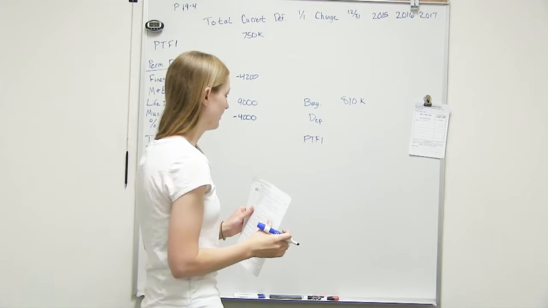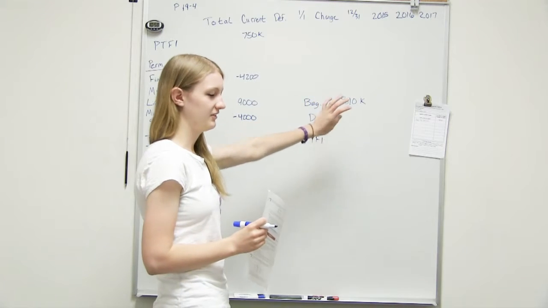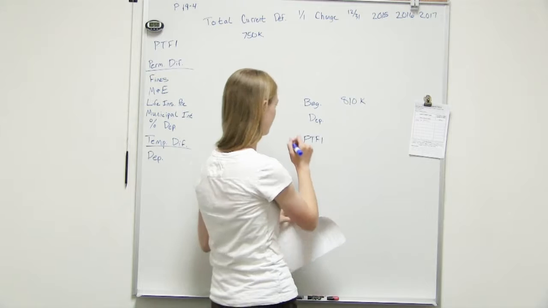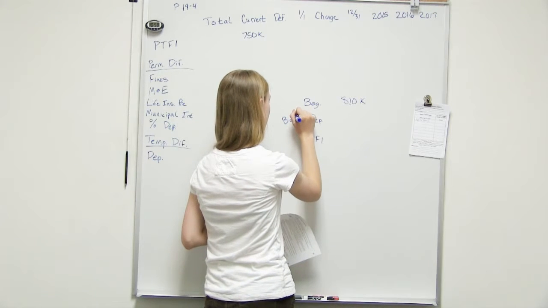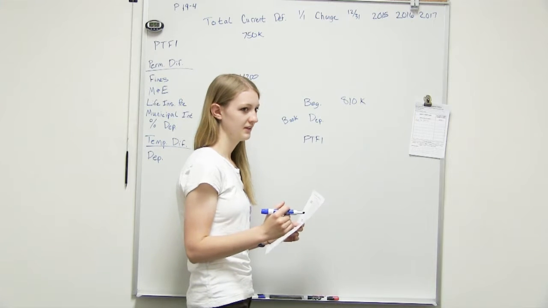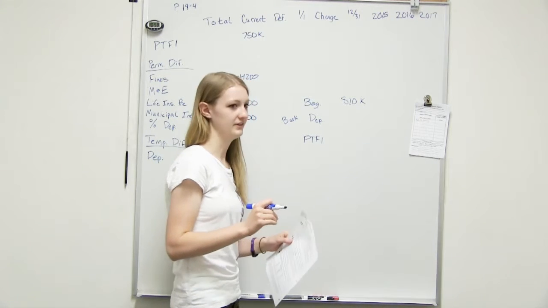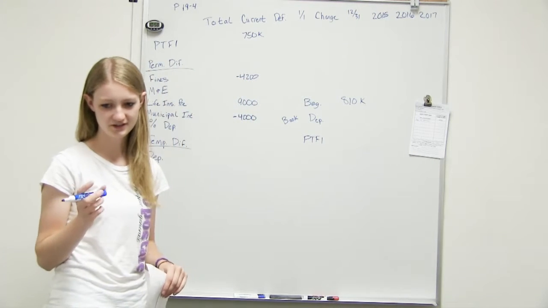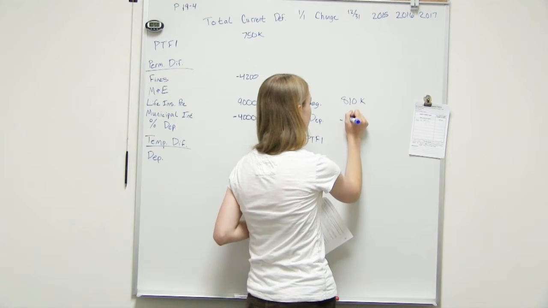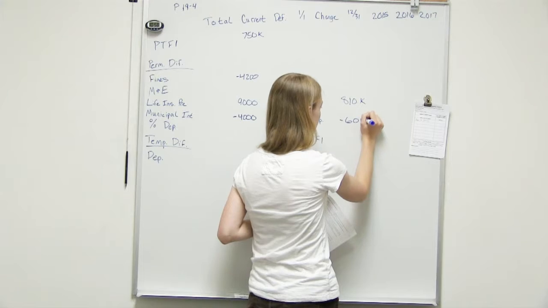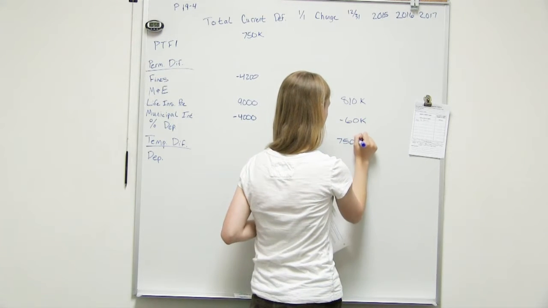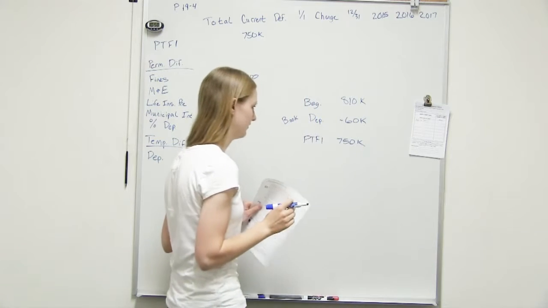Okay. So we've got 810,000 as our beginning balance, and what we're doing for book purposes is we get to deduct 60,000. That's what we figured out in the depreciation schedule. So we get a depreciation expense of 60,000, which will bring our PTFI to 750,000.